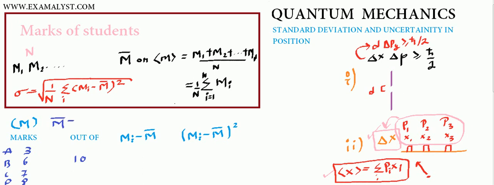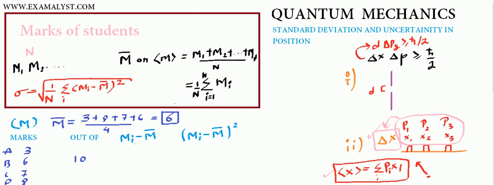The average is the sum of the marks of all 4 students, so you do 3 plus 8 plus 7 plus 6, divided by 4, and we find that the average value is somewhere around 6. Now, what is 6? 6 is the average value of all the marks.